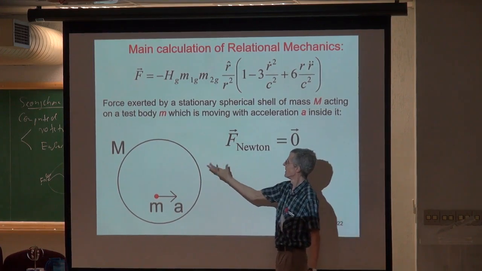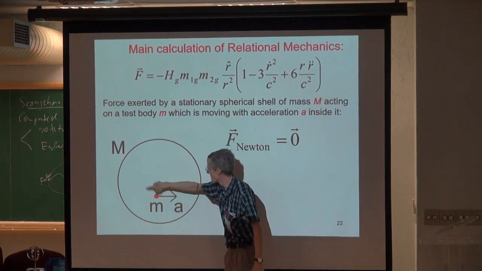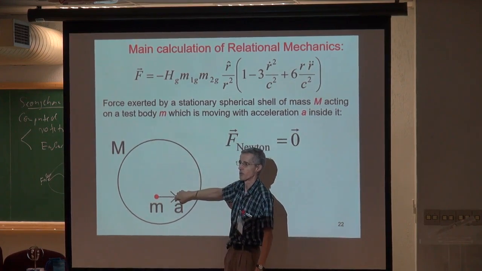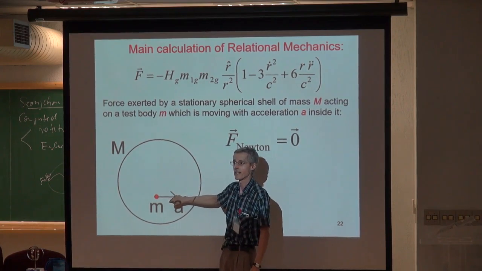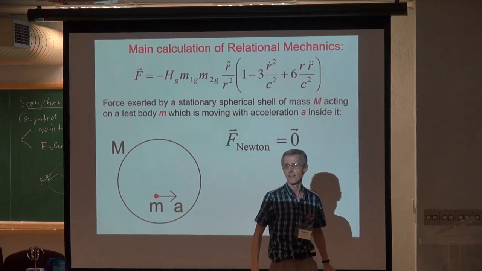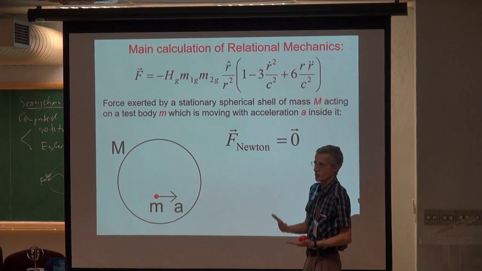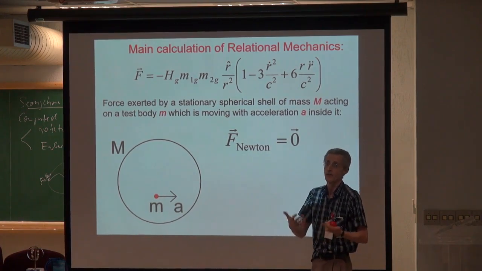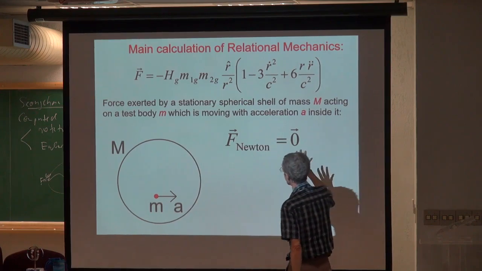No matter the rotation of the shell, no matter the position of the test particle inside the shell, no matter the velocity of the test particle, no matter the acceleration of the test particle inside the shell. Why? Because Newton's law of gravitation does not depend on velocity and acceleration. So the force is always zero.